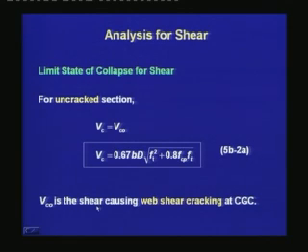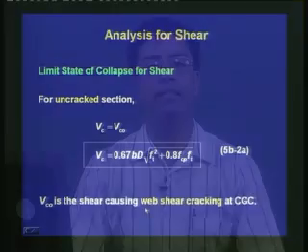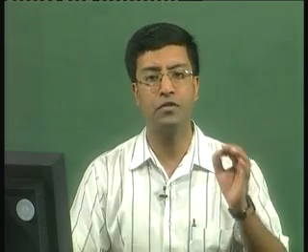Vc0 is the shear causing web shear cracking at CGC. Thus, the capacity of concrete for an uncracked section is the value of shear which causes a web shear cracking near the support, and this expression can be derived from the concept of Mohr's circle.